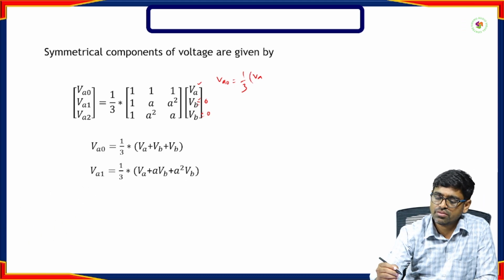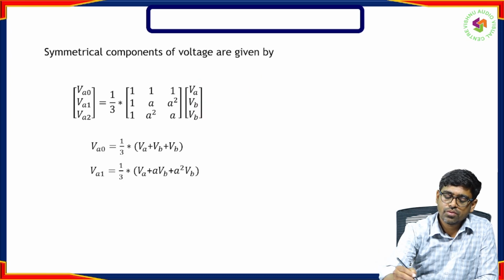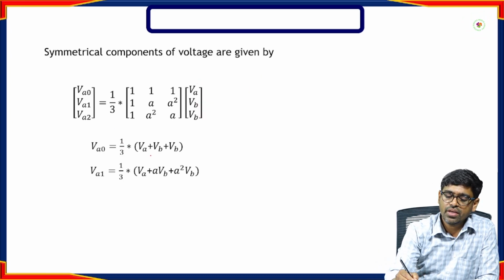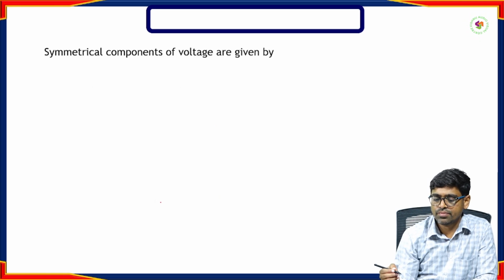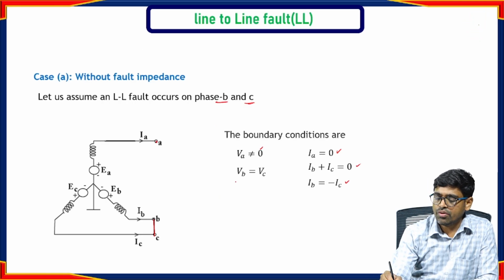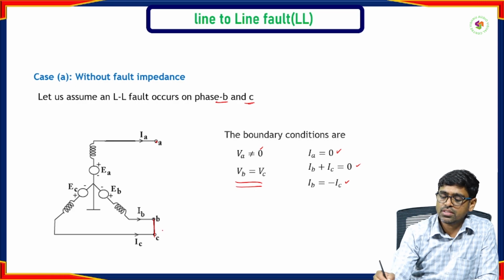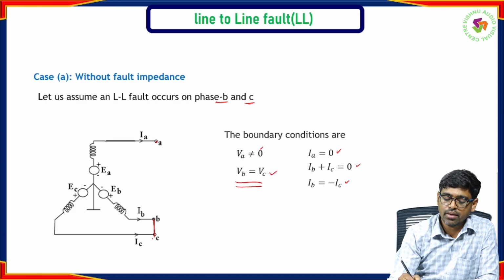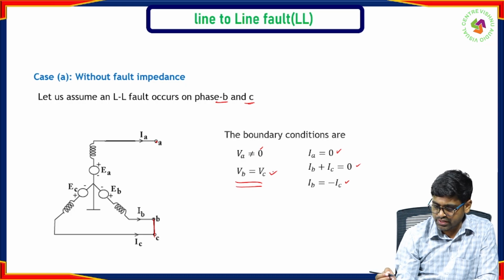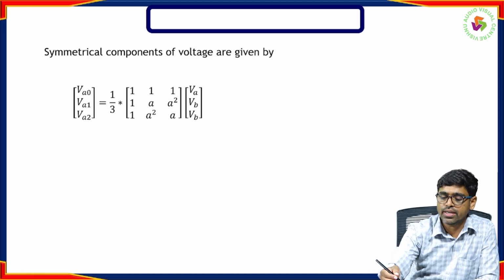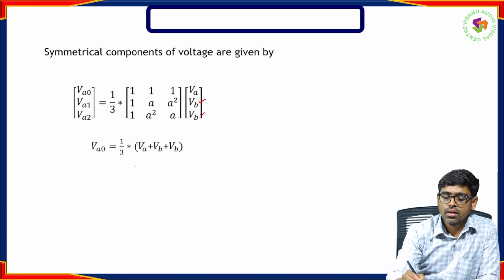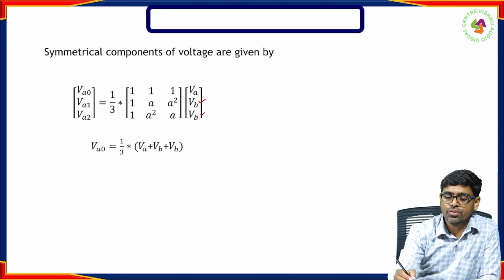First we are writing these relations in terms of voltage, not current. Both voltages are equal because they are connected at the same point, so VB equal to VC. Then VA0 equal to 1 by 3 into VA plus VB plus VB.